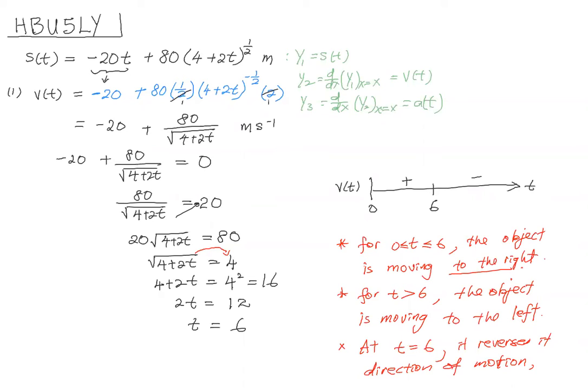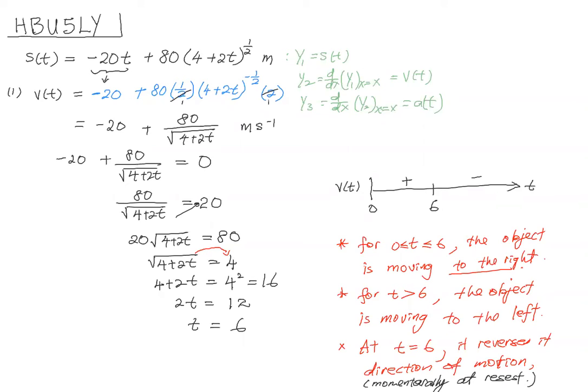You can also interpret it as momentarily at rest. Did I spell it correctly? Okay, you go and check the spelling. Momentarily at rest. So we can also interpret like that.